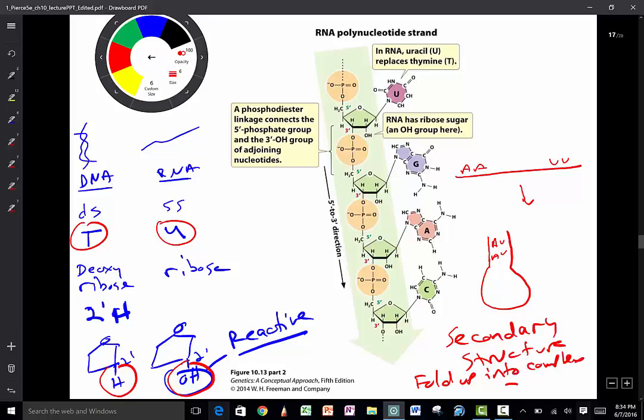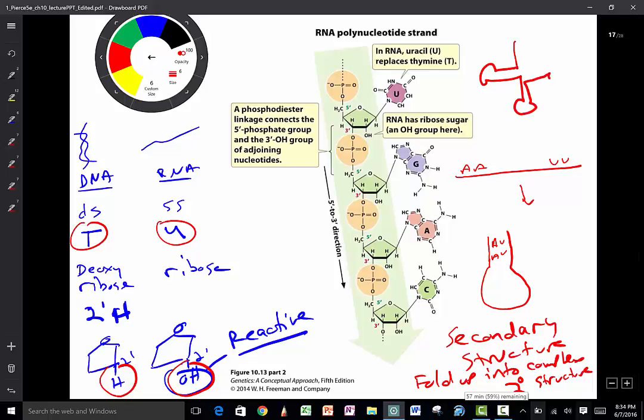And we can write secondary structure as 2 with that little circle means secondary structure. And I'll show you a more complicated version, but maybe you've seen tRNA before. So tRNA folds up into a more complex structure. And that's just because the base pairs can stick together. And there's lots of different RNAs, and they can all fold up into crazy things.